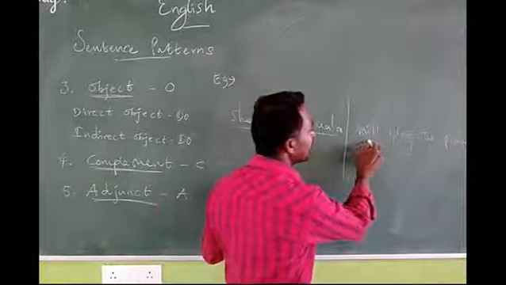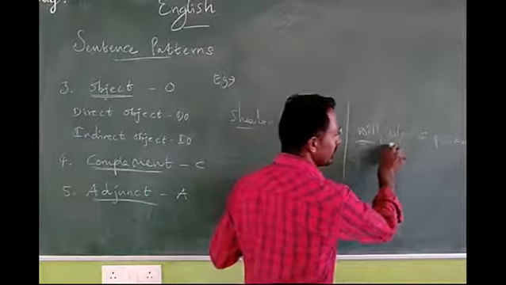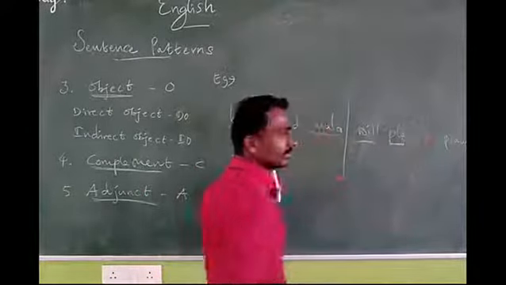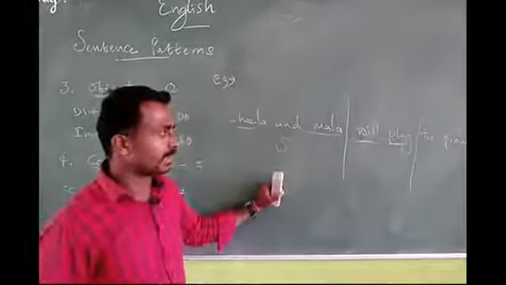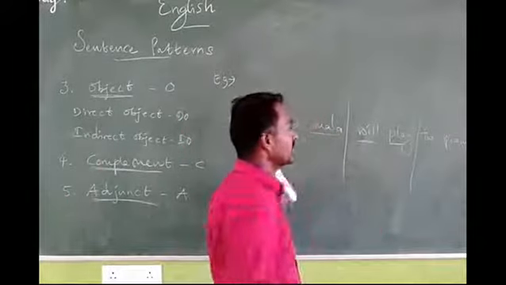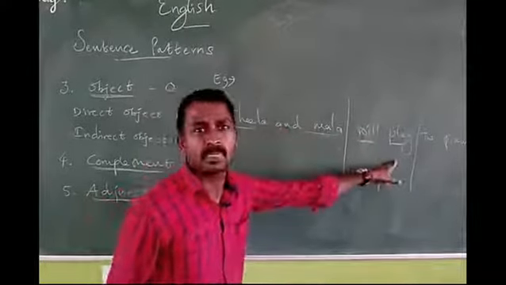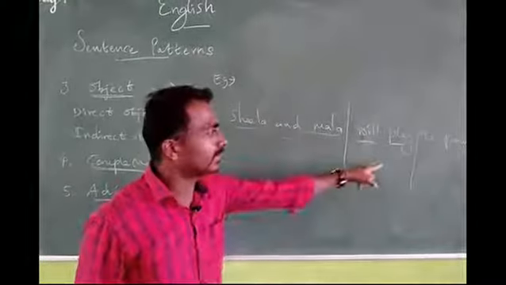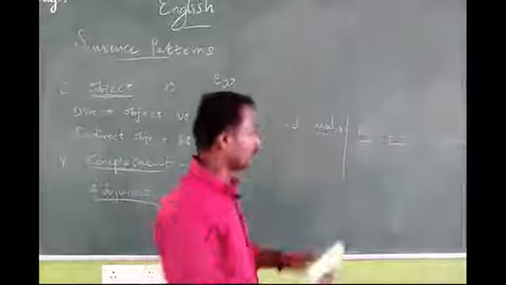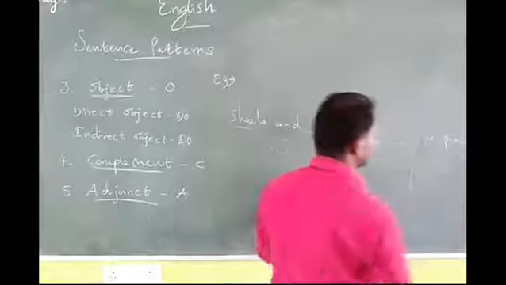And also will. Here will is the helping verb in the sentence, and also play. So there are two verbs, will and play. Here will play is the verb. So then the question arises: what will they play? The piano. It is the object here.